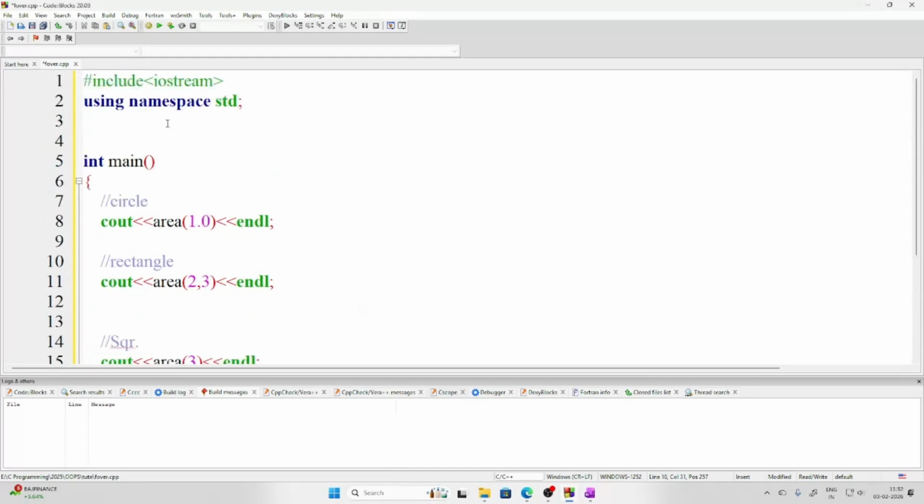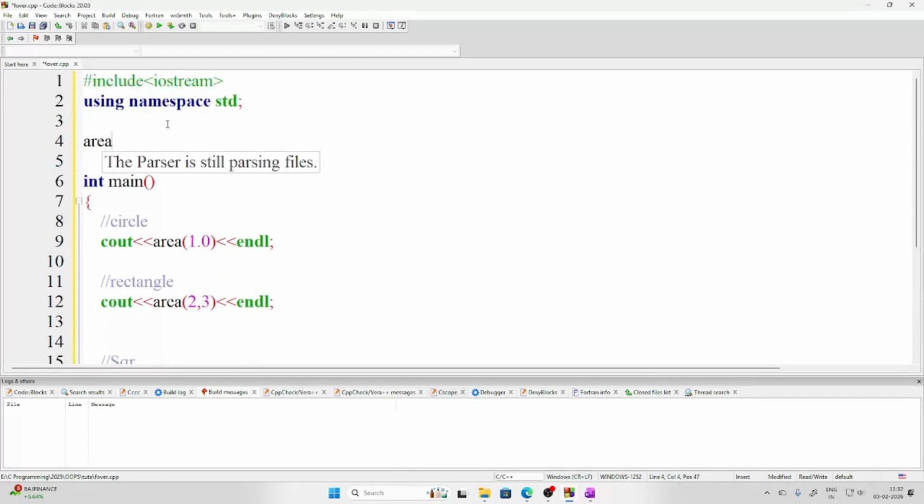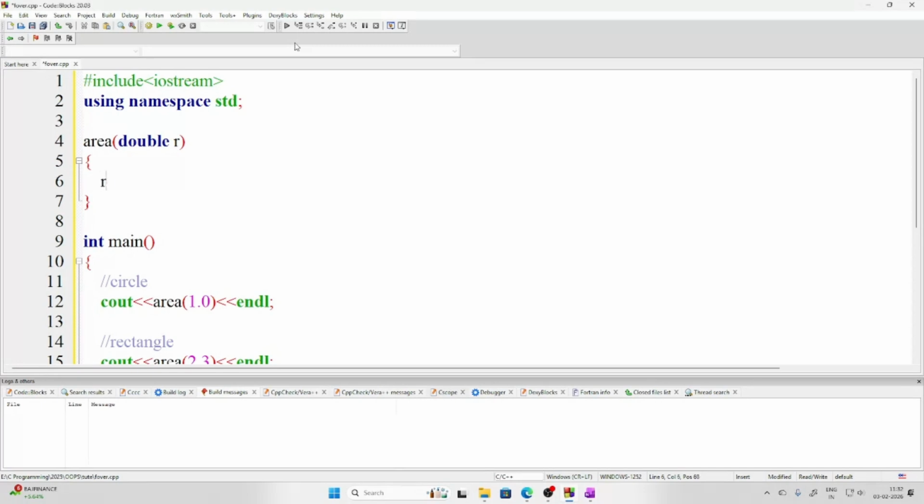Now let us come to the area function. Depending on the argument, it will behave differently. The behavior will be different. So if I pass only a double, let's say r, radius, then the return is pi r square.